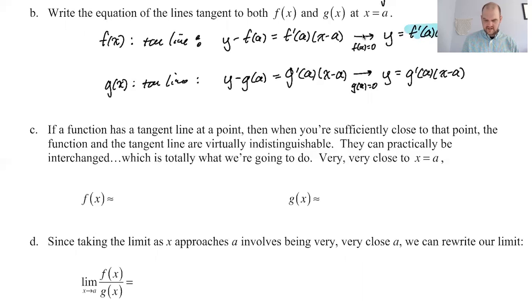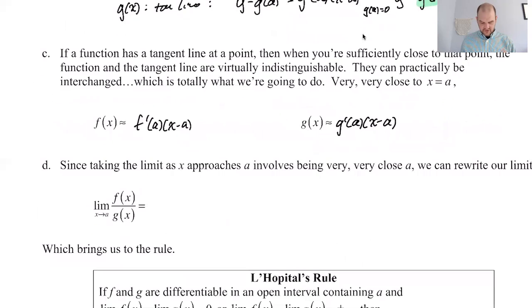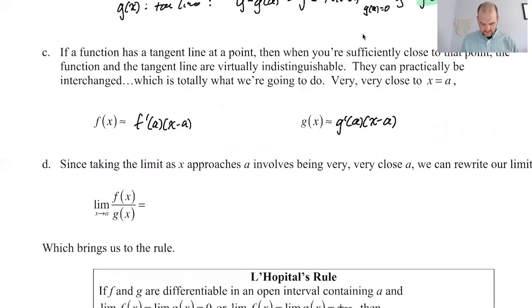So I'm going to just say that f of x is approximately f prime of a, x minus a. And then the same is true for g of x. G of x is approximately its tangent line, so g prime of a, x minus a. Okay, so if that is the case, then when I'm really, really close to a, I should be able to say that this limit is the same as the limit as x approaches a of our approximations, right?